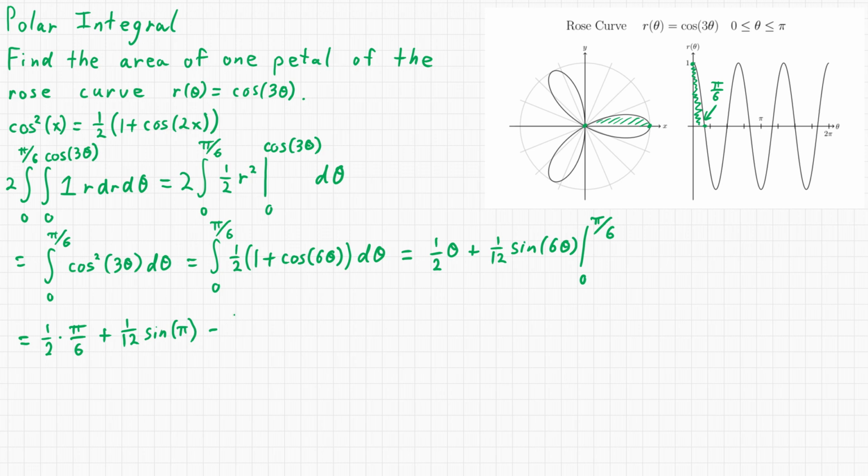Then I would also have a minus 1/12 sine of 0. But these are both 0. So the whole thing ends up being just pi over 12. That's the area of one petal of this rose curve with just 3 petals on it.